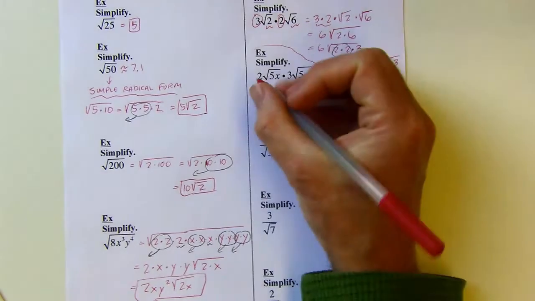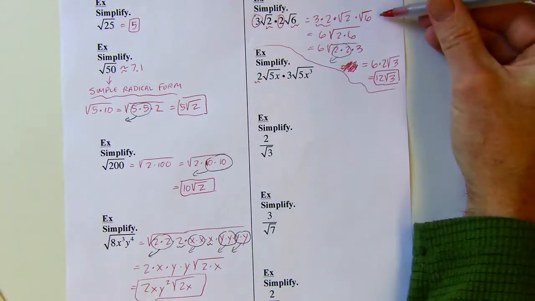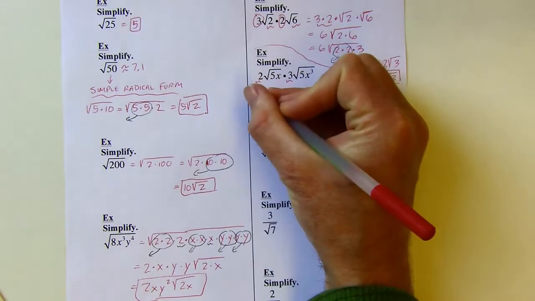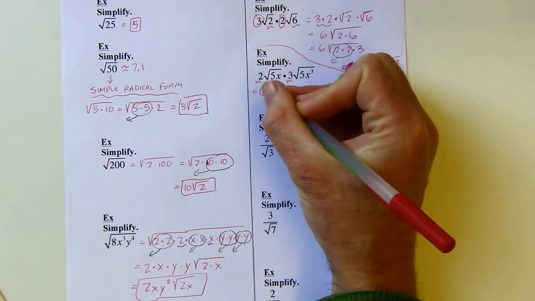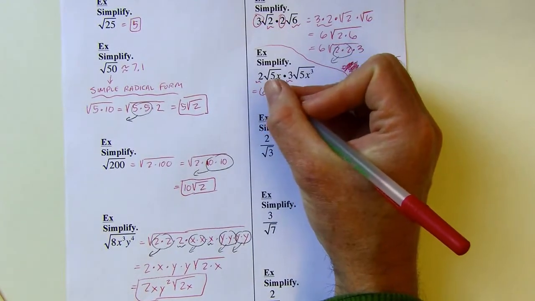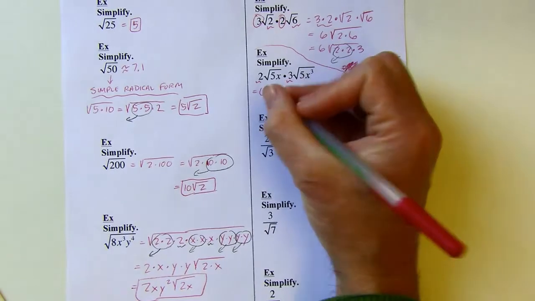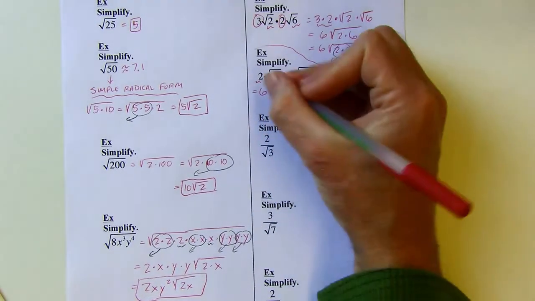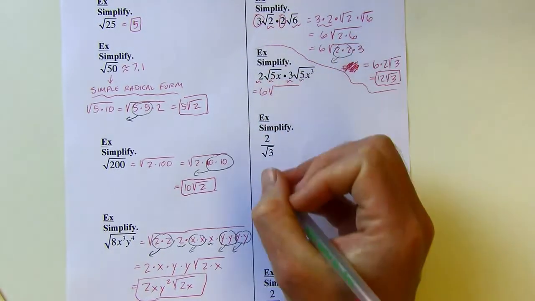I'm going to get straight to it. So I usually won't rewrite this in the different order. I'll just think, okay, I'm going to multiply it together, the parts on the outside. And then I will multiply the parts on the inside. So I'm thinking, oh, I'm going to have 5 times 5.